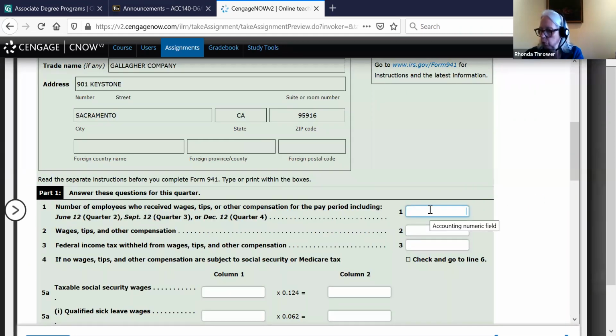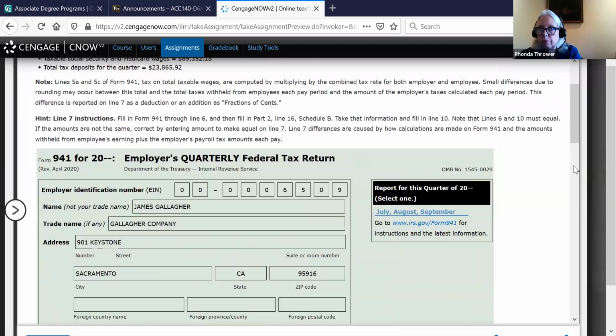So in box number 1, we're going to record the number of employees who received wages. Wages, tips, and other compensation that these employees received for this quarter was given.